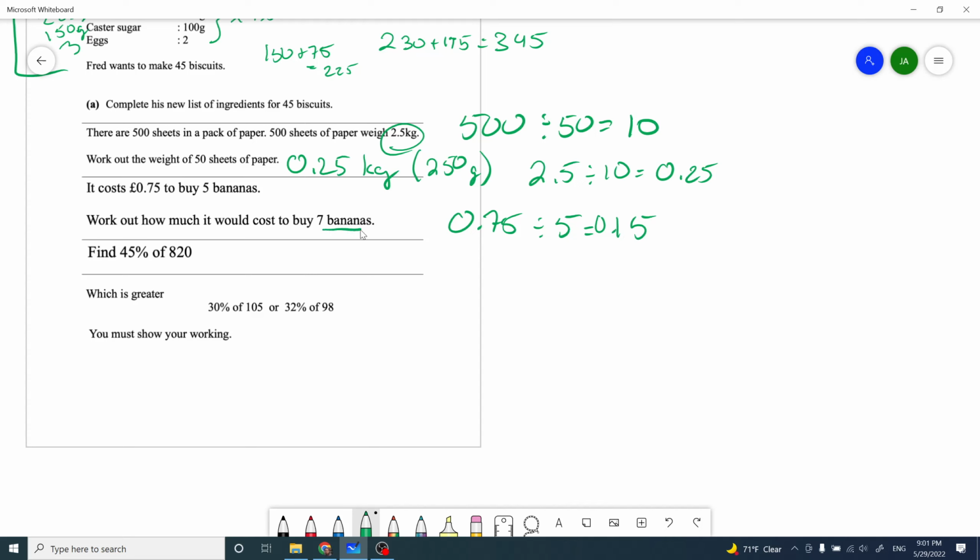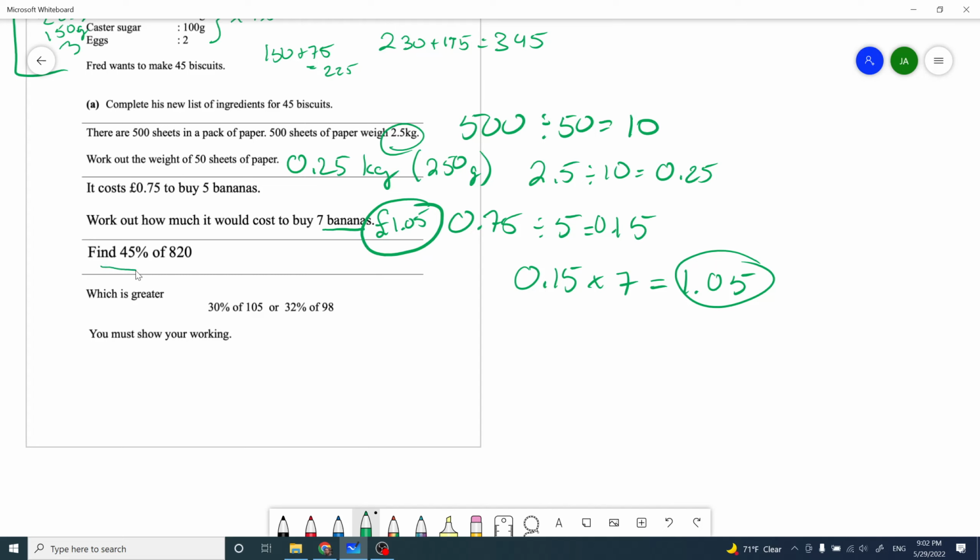Okay, and now to find 7 bananas, we need to just simply take this answer, 0.15 times 7, which is going to give us 1.05. So our answer would be 1 pound and 5 pence as our final answer.